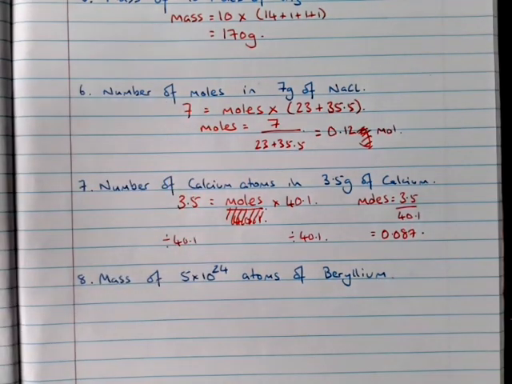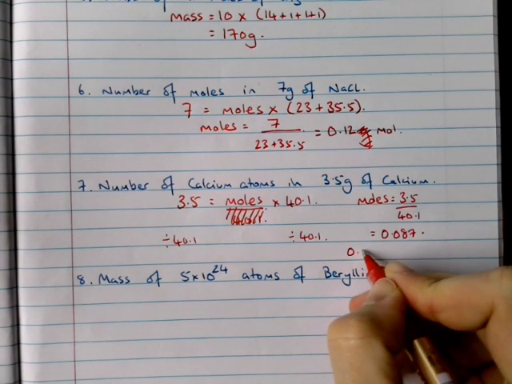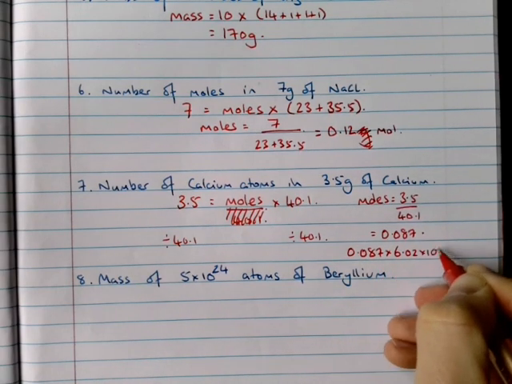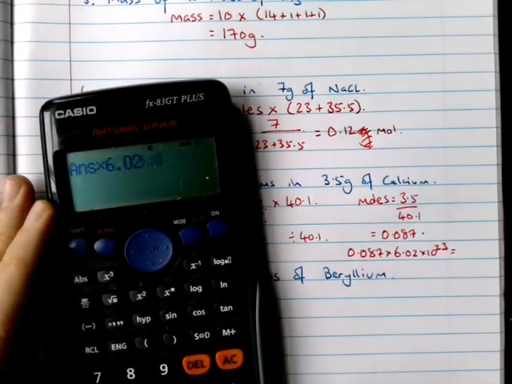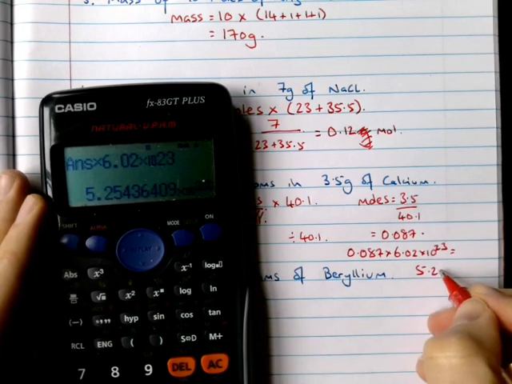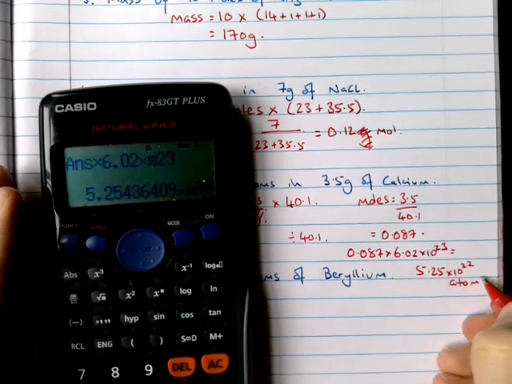That's my number of moles, but I want the number of atoms. To work out the number of atoms, I do 0.087 times 6.02 times 10 to the 23, and I get 5.25 times 10 to the 22 atoms.